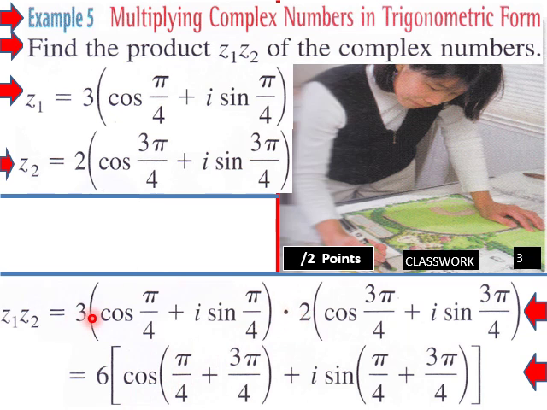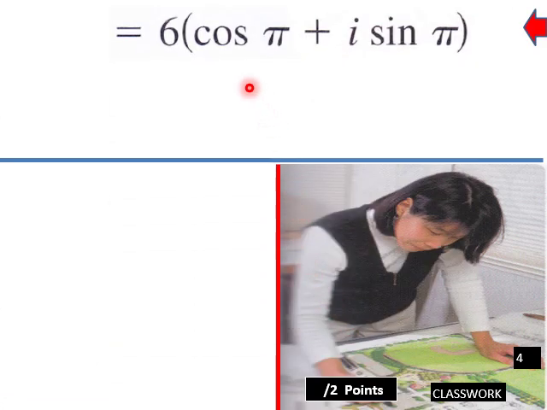We end up with 2 times 3 is 6, and then cosine of pi over 4 plus 3 pi over 4, plus i sine of pi over 4 plus 3 pi over 4. Again, we combine like terms, and we end up with 6 times cosine pi plus i sine pi.